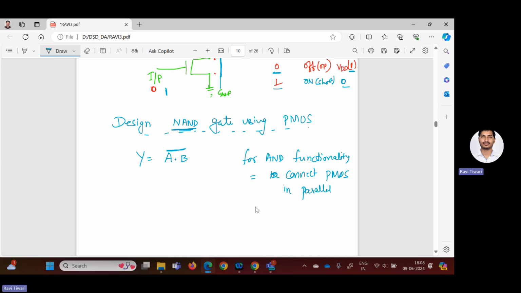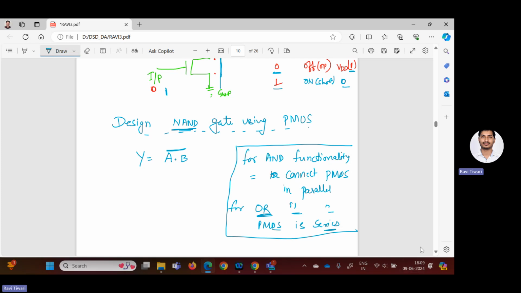And for OR functionality, connect PMOS in series. Clear? This point is very important. For AND functionality, connect PMOS in parallel. And for OR functionality, connect PMOS in series. Right?